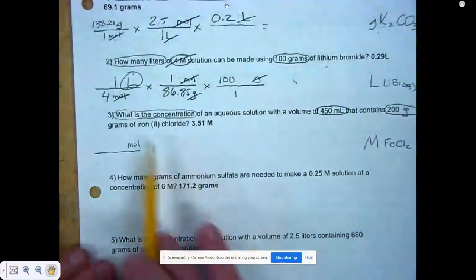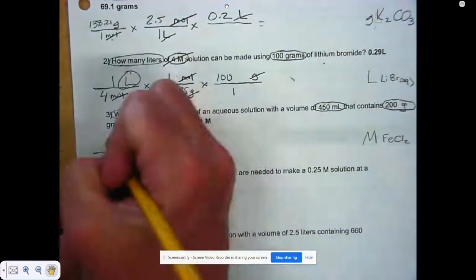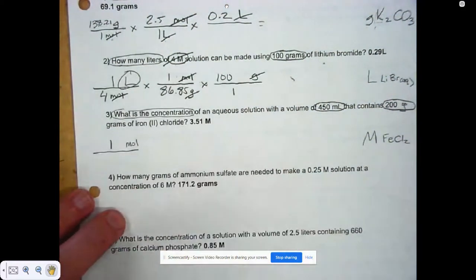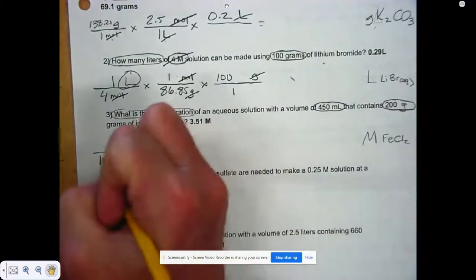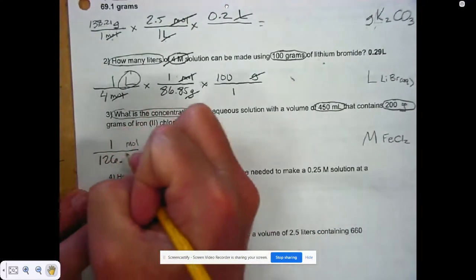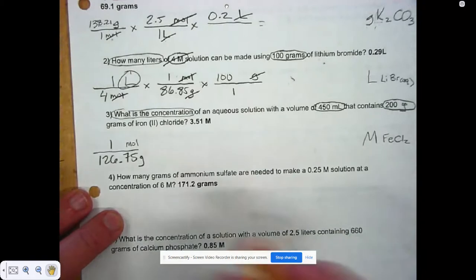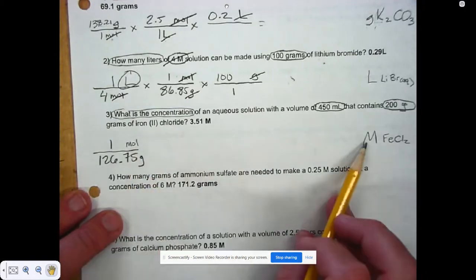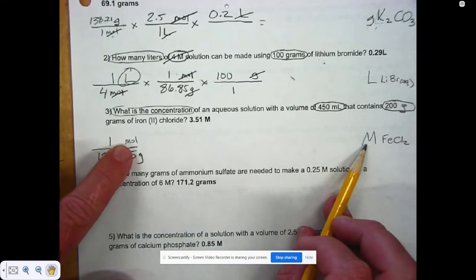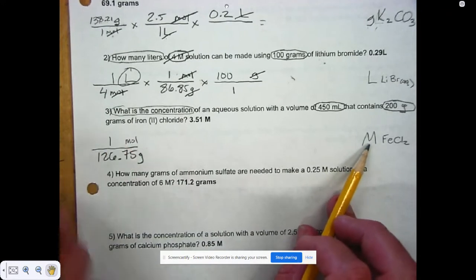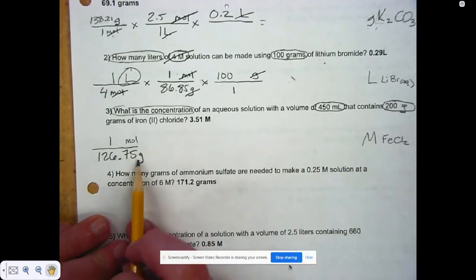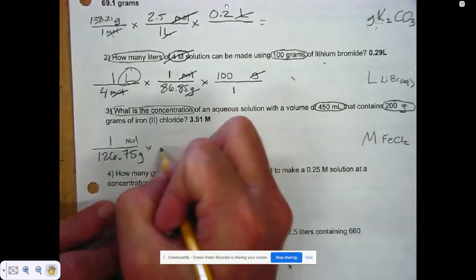So for iron 2 chloride, 1 mole of it weighs 126.75 grams. Do we want moles on top? Yeah, we do, because molarity means moles per liter. So we want moles on top. Do we want grams on the bottom? No way. So we need to get rid of grams.